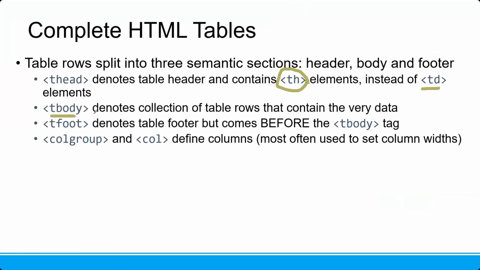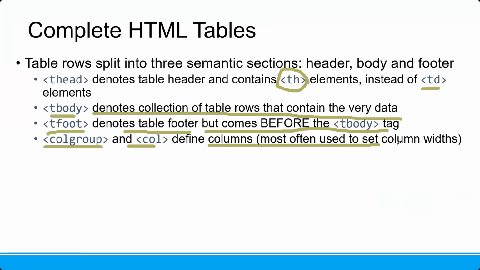T body is to indicate the table rows that contain the data. T foot denotes the table footer, but comes before the T body. And we have the column group or column to define the columns, most often used to set the column widths.